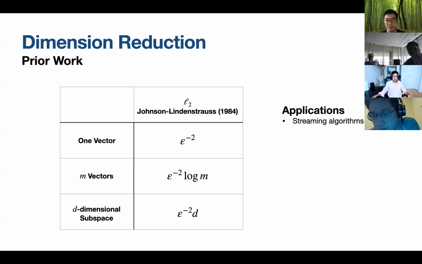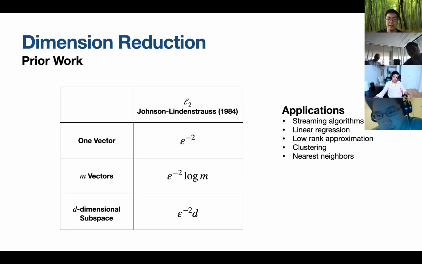So for example, as mentioned earlier, this primitive is very useful for streaming algorithms. And actually, for linear regression as well, it may seem sort of unrelated, but this last guarantee for the subspace embedding allows one to treat a large matrix that you want to do linear regression on as a much smaller matrix. There are more applications such as low rank approximation, clustering, and nearest neighbors, but I won't be getting into these for this talk.